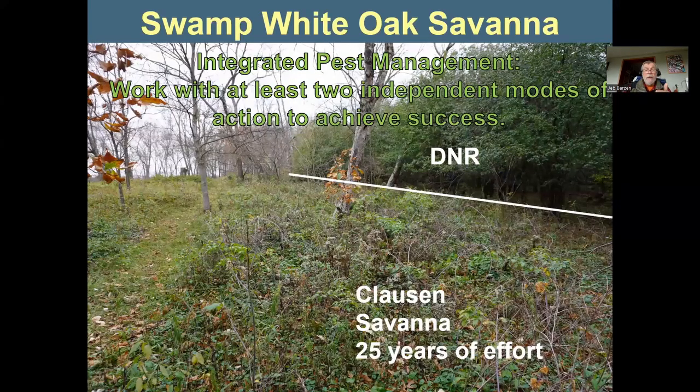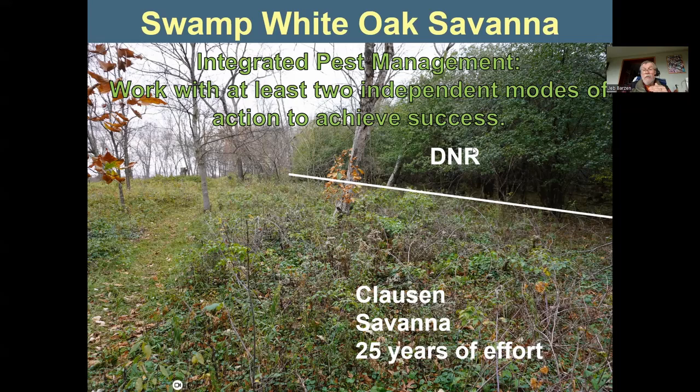The integrated pest management concept is important. The line between the DNR land and this private land is stark, and I'm not taking a dig at DNR, but the difference between these two sides is 25 years of effort and a whole lot of work and an integration of fire and physical removal of plants.